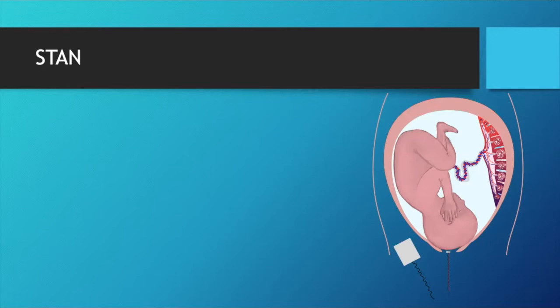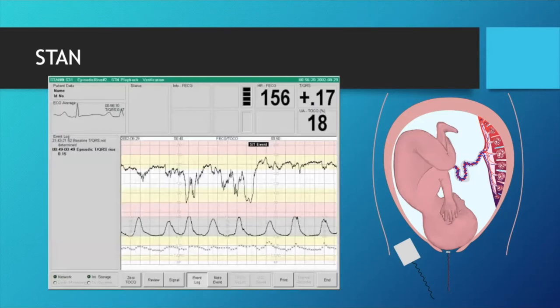Okay. So we said that we want to compare this baby to itself. We want to use each baby as a separate entity and not refer to population curves. So once we put this clip on, the machine starts picking up an ECG signal and it keeps record of every single beat for the first 4 minutes.